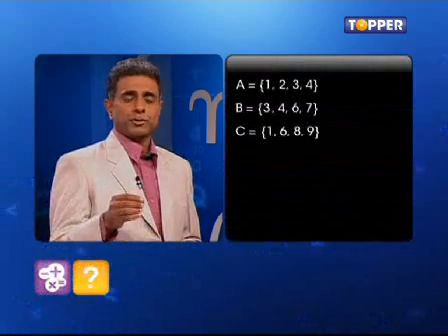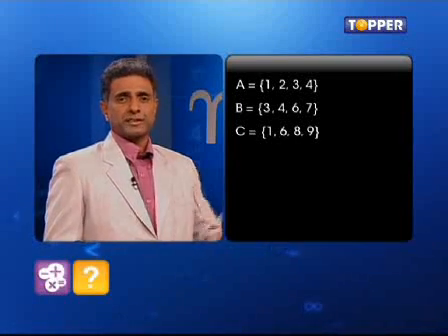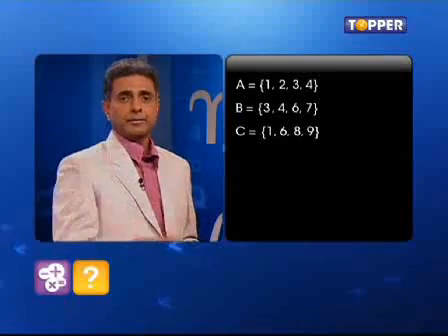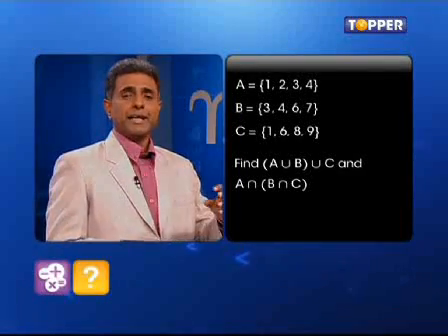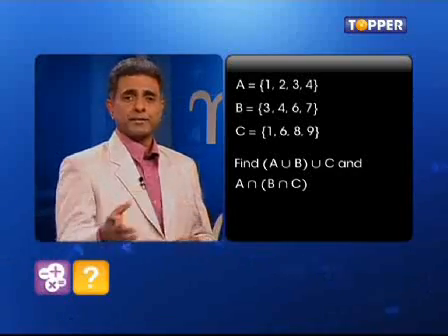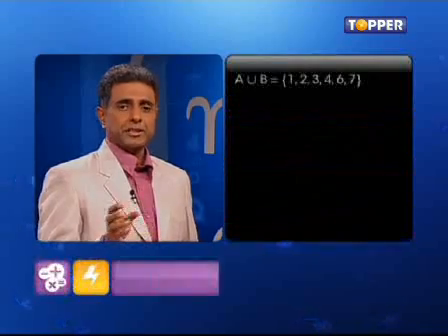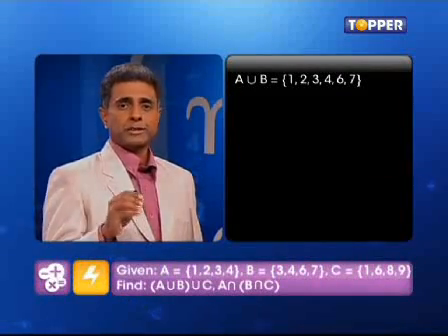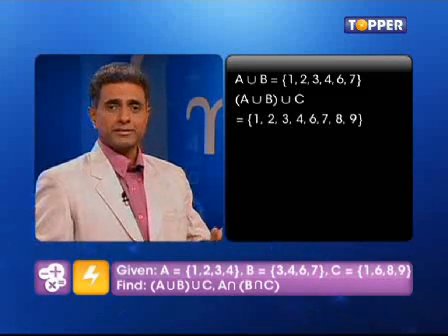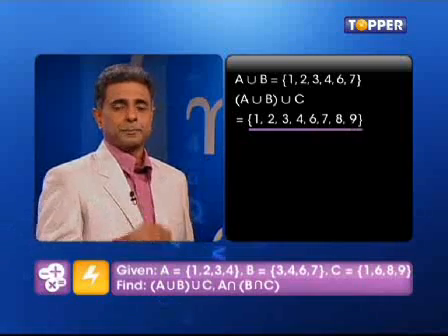Suppose A is equal to 1, 2, 3, 4, B is equal to 3, 4, 6, 7, and C is equal to 1, 6, 8, 9. Then find A union B union C and A intersection B intersection C. This one's pretty short. A union B is equal to 1, 2, 3, 4, 6, 7, and A union B union C is equal to 1, 2, 3, 4, 6, 7, 8, 9.